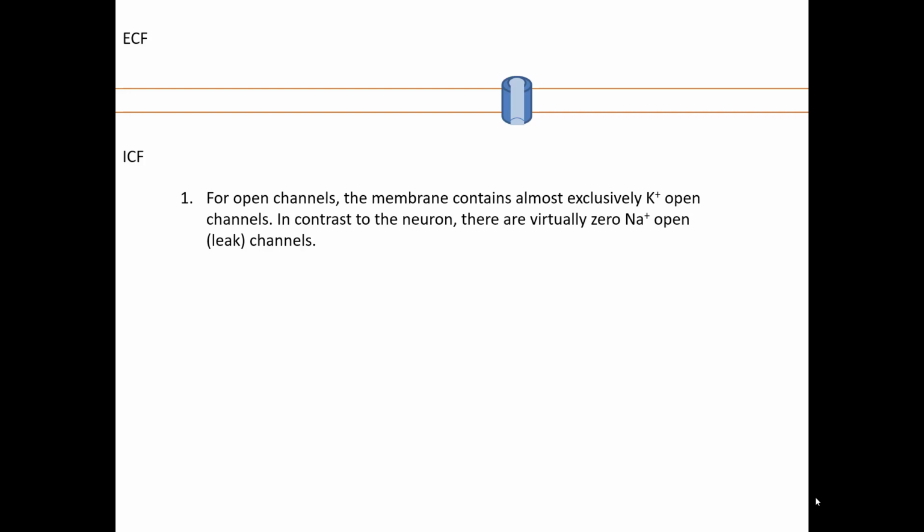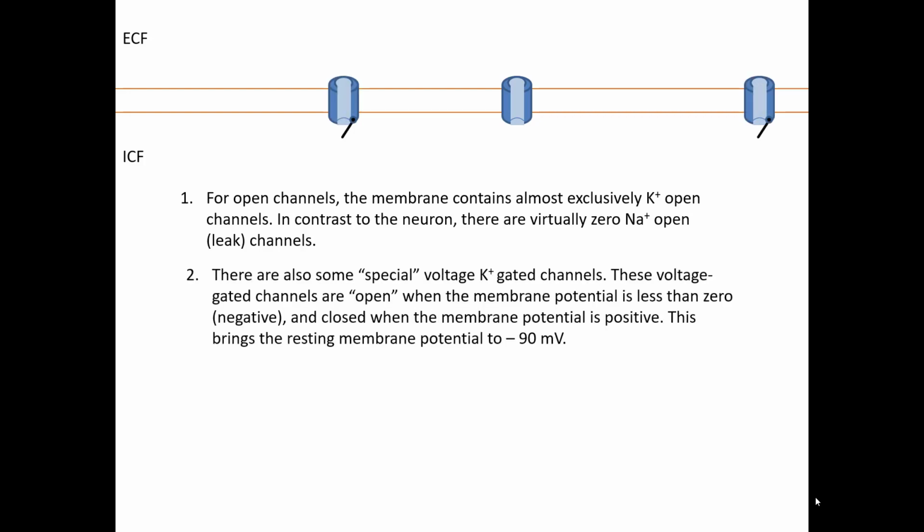In addition, there are gated potassium channels, but our gated potassium channels are like channels we have never seen before. And in reality, I'm fudging a little bit here because I've created a voltage-sensitive potassium-gated channel that is really a composite of multiple different channel types.